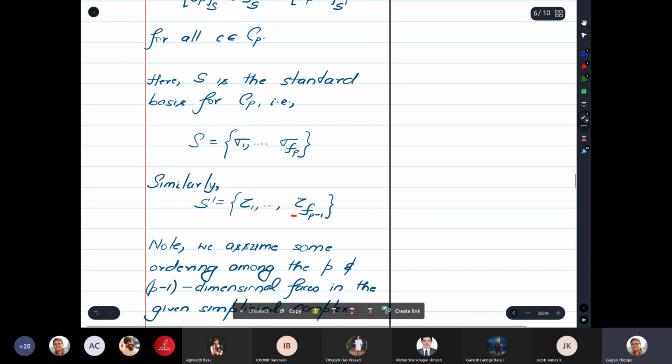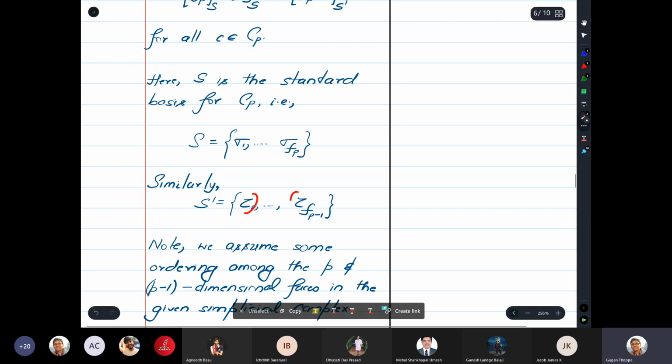Similarly, you look at all those p minus 1 chains corresponding to the p minus 1 faces, right? So I have used this tau1 to tau fp minus 1 because I wanted to use a different symbol to label the faces in CP minus 1 as compared to the faces in CP, right?